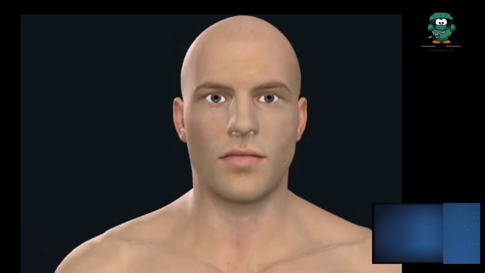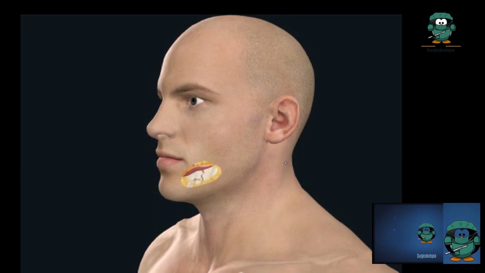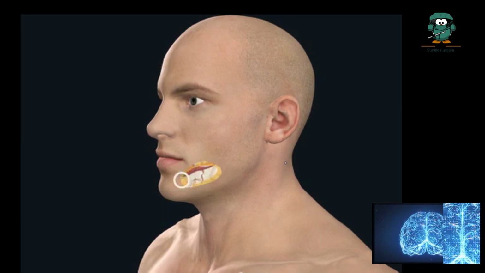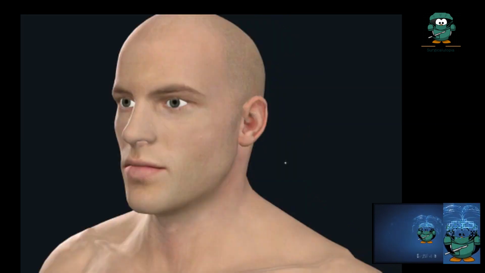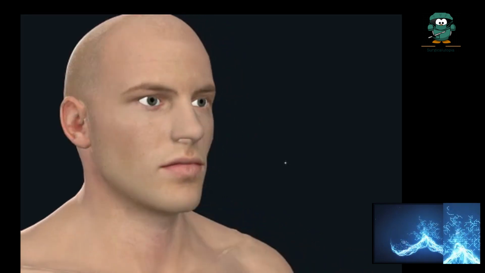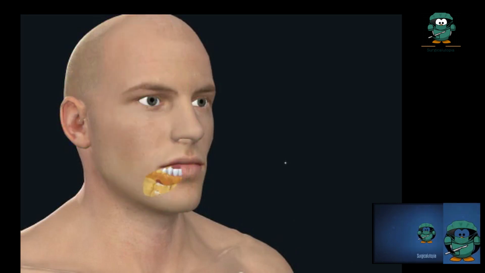Next, S2 is open extraorally, so there will be an extraoral injury. S3 is open intraorally and extraorally, soft tissue injury both intraorally and extraorally. Next is S4, that is soft tissue defect. So there will be loss of soft tissue over here. So suppose there is loss of the right side of the lower lip.